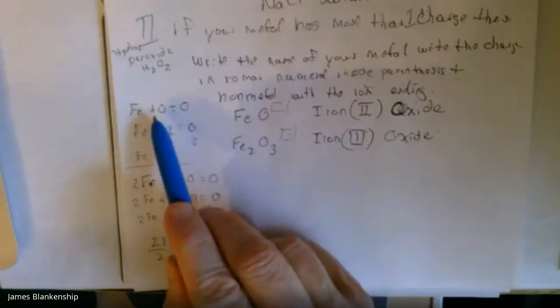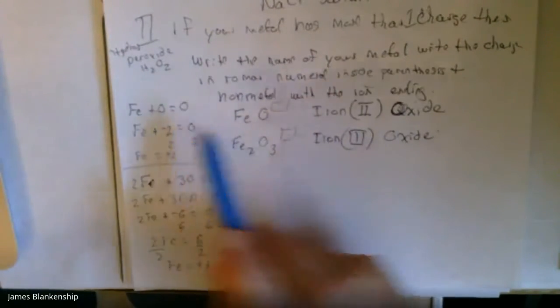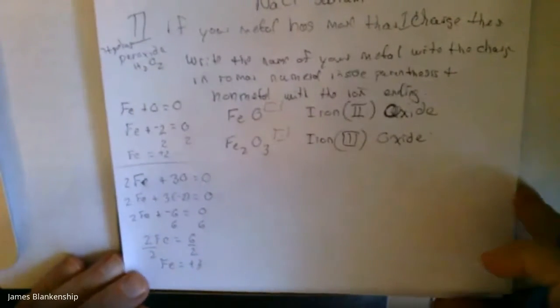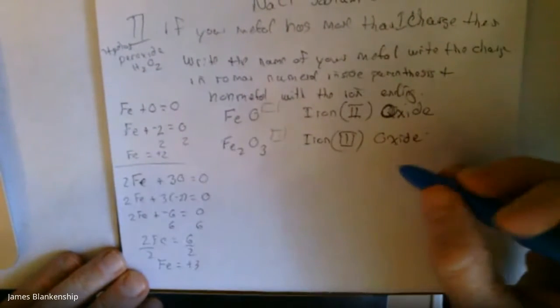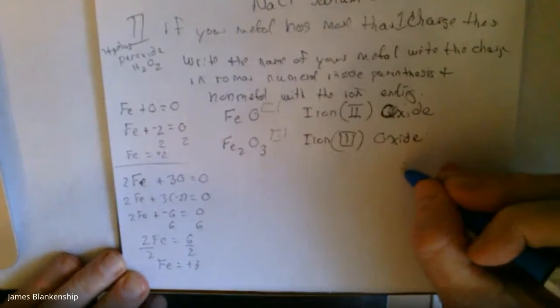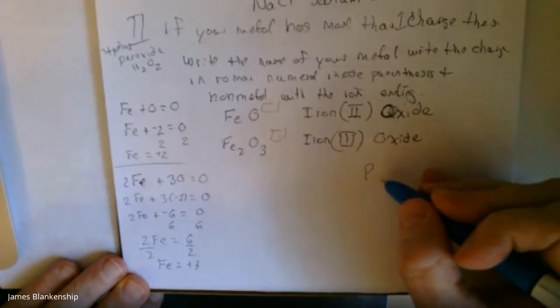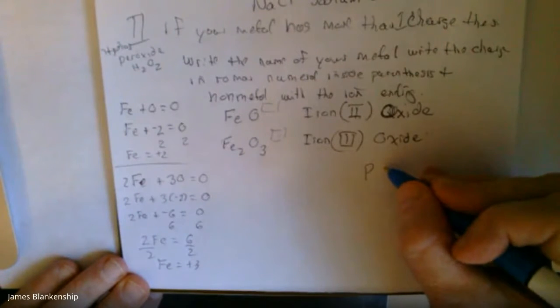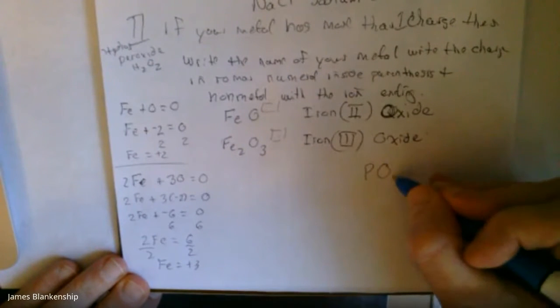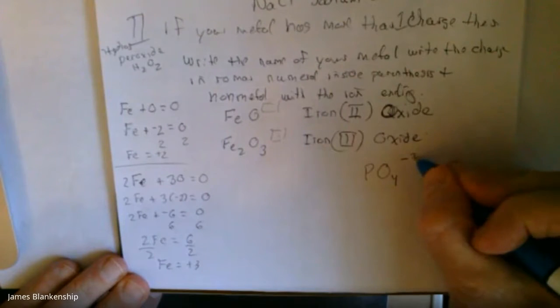Now, the same thing that I did here to determine the charge of the metals, you could do with a polyatomic ion. We'll talk about polyatomic ions a little later, but I'm just going to show you an example here. We could use the same approach.